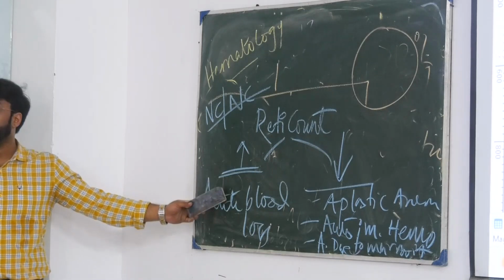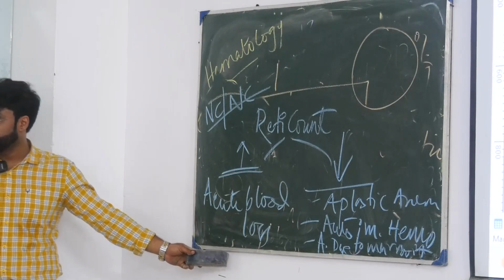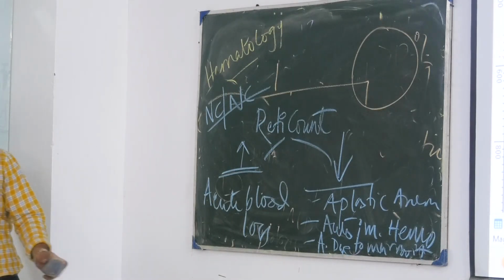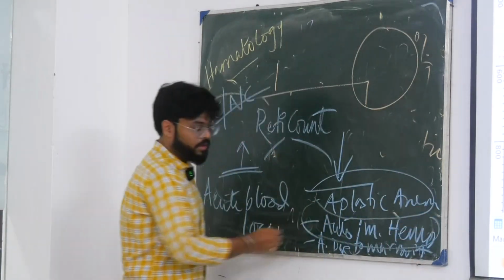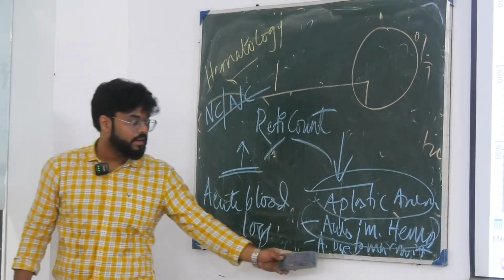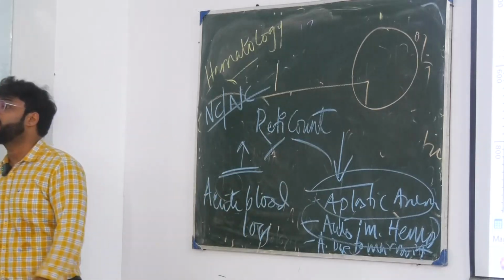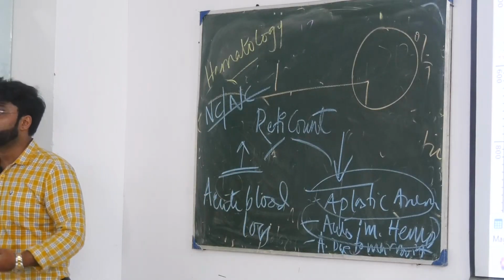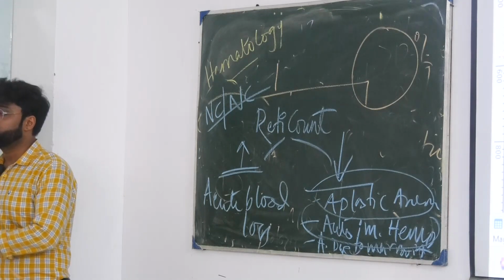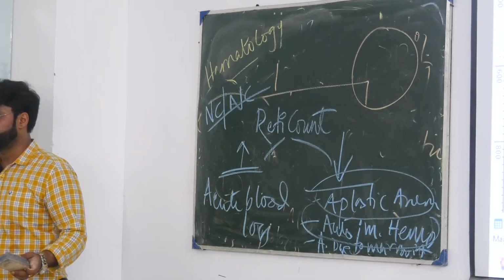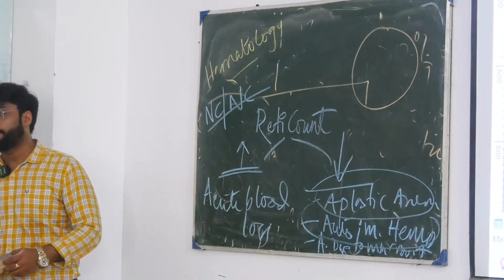If the reticulocyte count is high, mostly the most important cause is acute blood loss. If the reticulocyte count is low, the most important causes are aplastic anemia, autoimmune hemolytic anemia, and anemia due to marrow disease. That means in these three causes, the erythrocyte production in the marrow, the erythropoiesis, is diminished. That is signified by the decreased reticulocyte count.